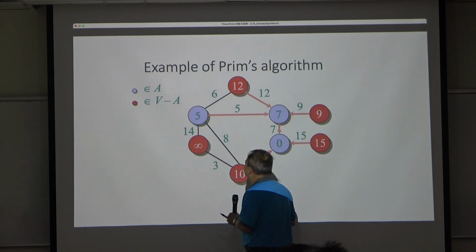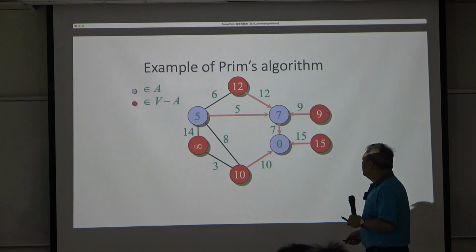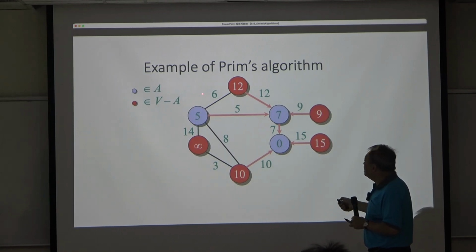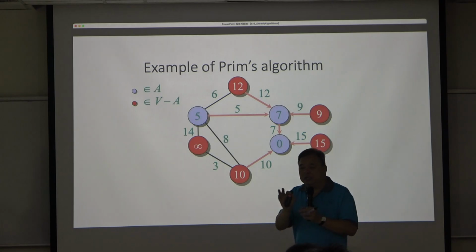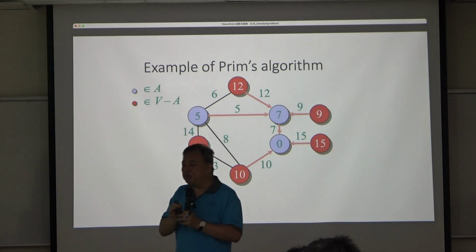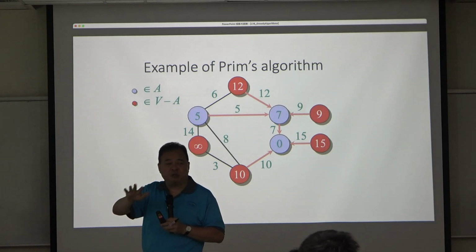Then its neighbors' keys need to be updated. Some nodes may no longer be infinite, but we have to check if their key needs to be reduced.